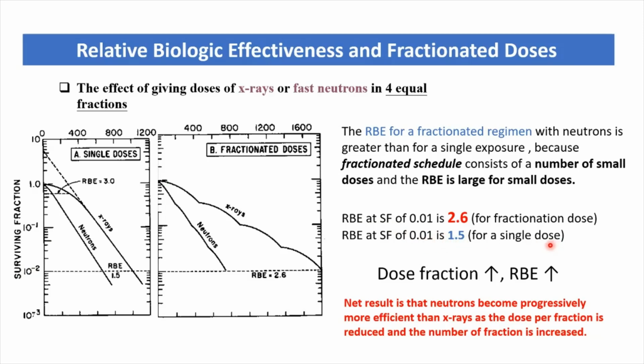Now if you give a fractionated schedule for the same, which consists of a number of small doses, and then calculate the RBE at the same clinical endpoint, that is at 0.01 survival fraction, the RBE comes out to be 2.6. That is, it is 2.6 for the fractionated dose and 1.5 for the single dose. So as you keep increasing the number of fractions, the RBE goes up. In this diagram we can see that neutrons become progressively more efficient as the dose per fraction is reduced or the number of fractions is increased.